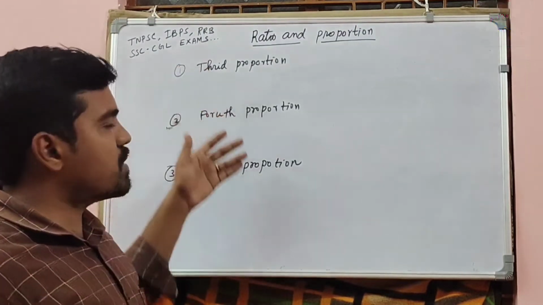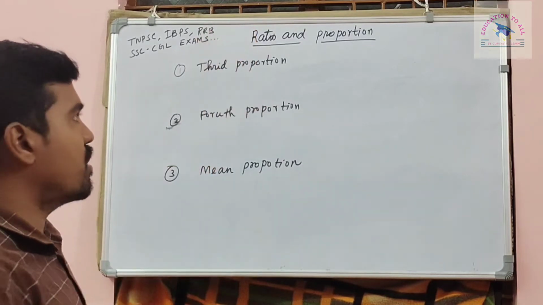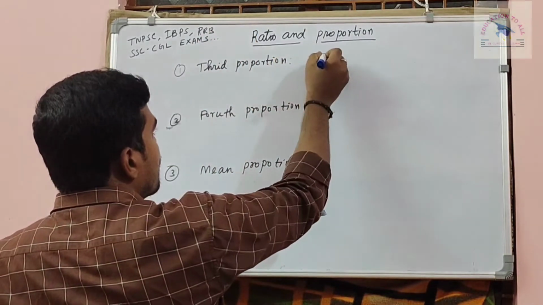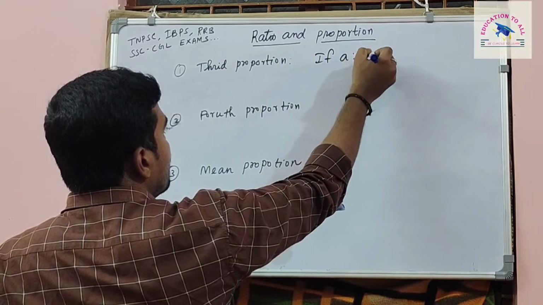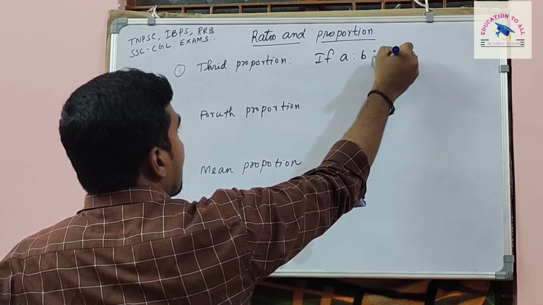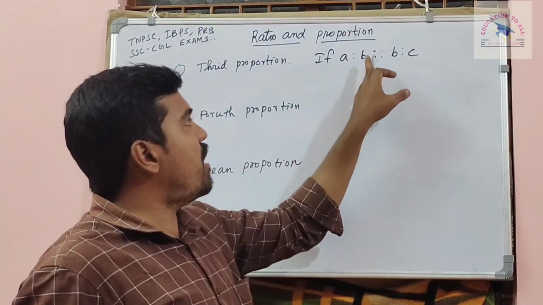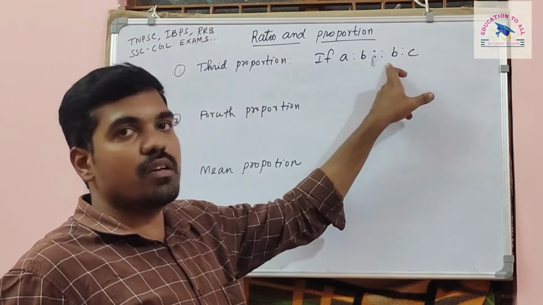Next, some types of proportion. First, third proportion. What is meant by third proportion? If A is to B is as B is to C, then three terms exist: A, B, and B is continuous here. Understand?